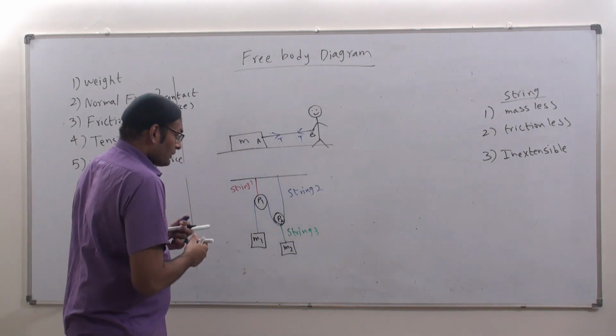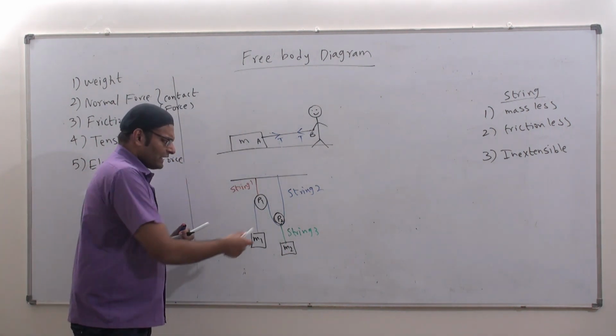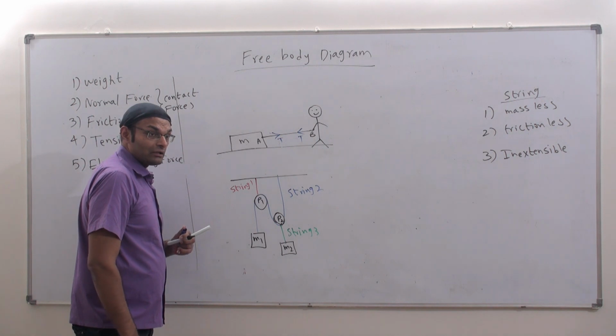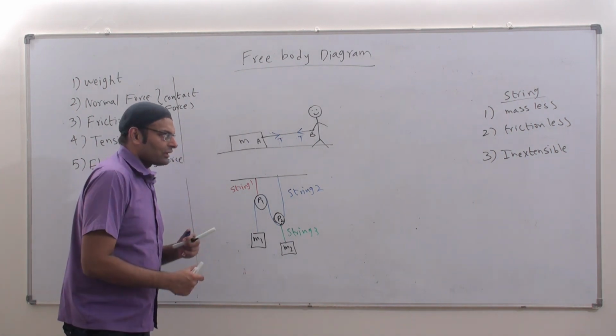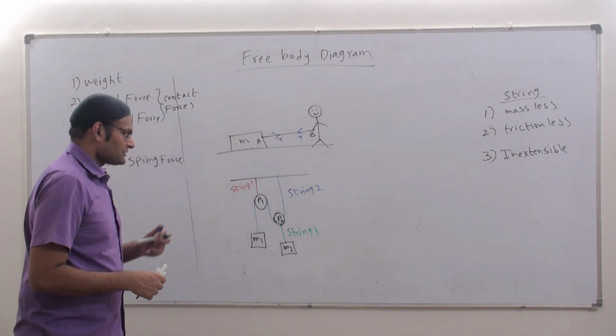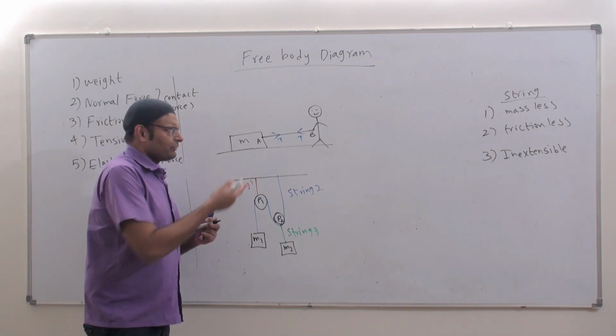Now what am I trying to do? I have a pulley and mass system, and I am trying to draw the free body diagram. Now you will be able to understand what exactly a free body diagram is here. Now what did I say before the start of the class?